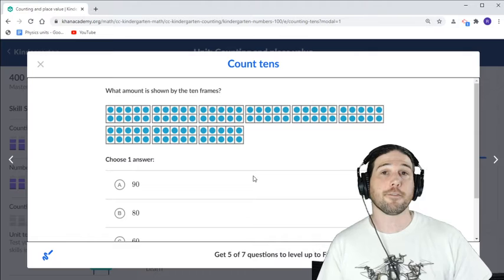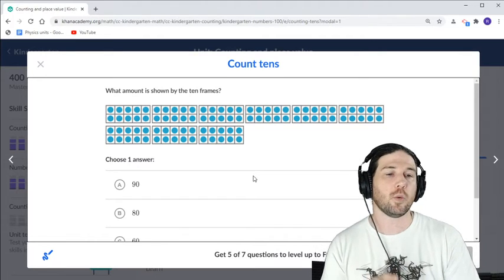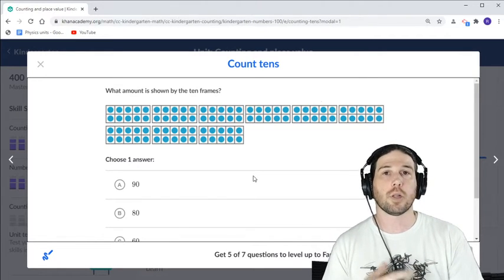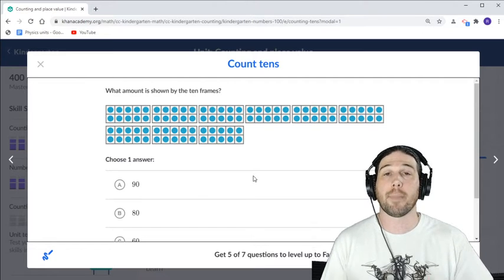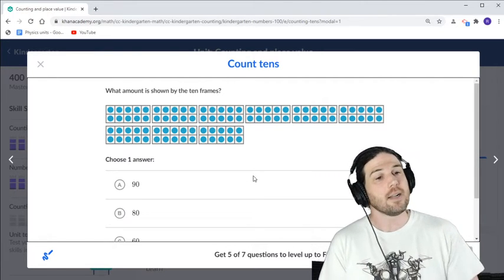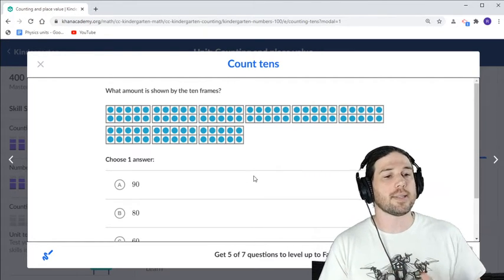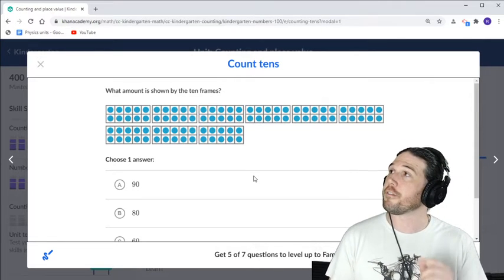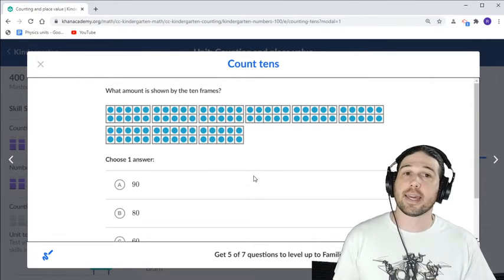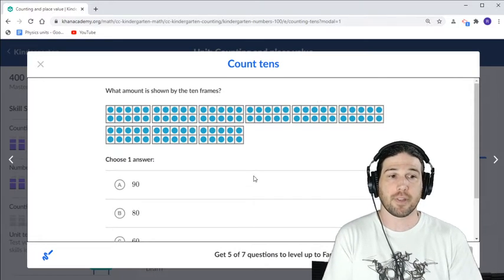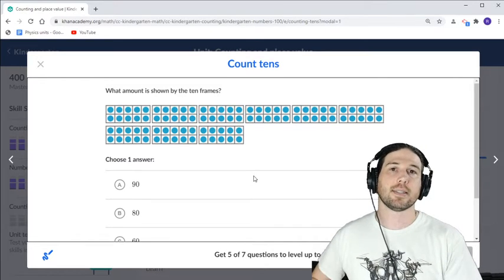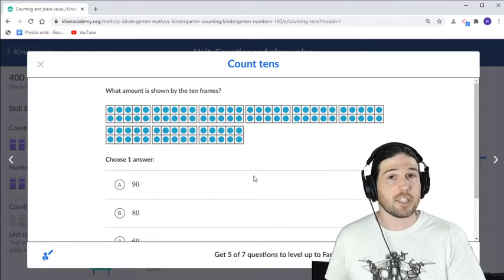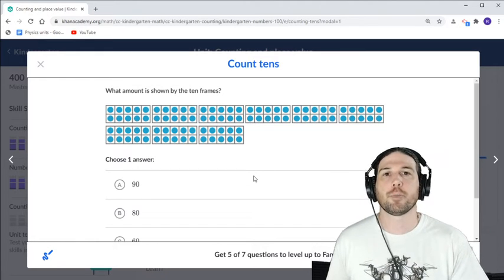Now, these 10 frames are something that if you are in a Common Core aligned classroom, your student may or may not actually physically see. What these are is a representation of the fact that when we get more than 9 of something, we create a second digit, we create the tens place, which is made up of groups of 10.